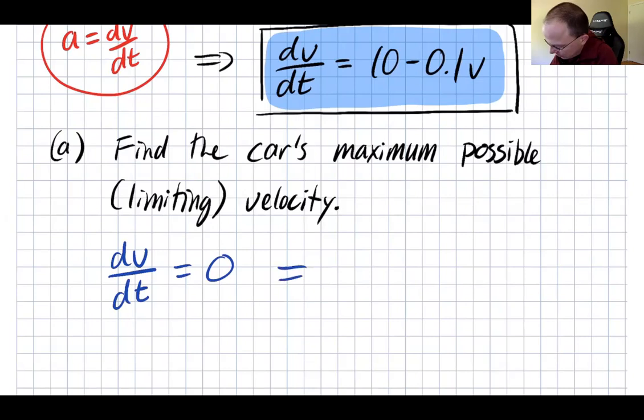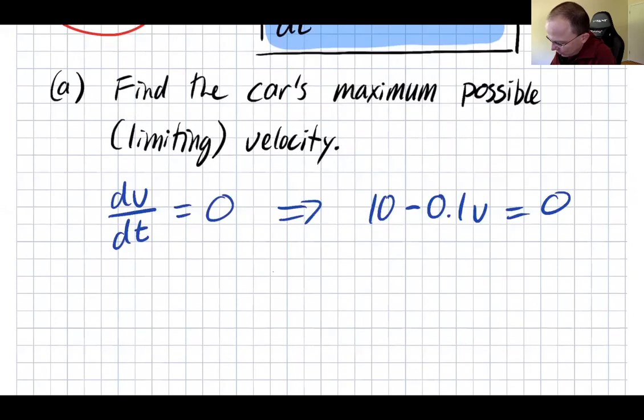So let's go ahead and use our differential equation. We have 10 minus 0.1 times v is equal to 0. And now we can just solve that equation, and we get that v will be 100 feet per second.